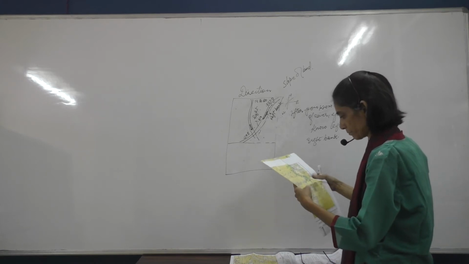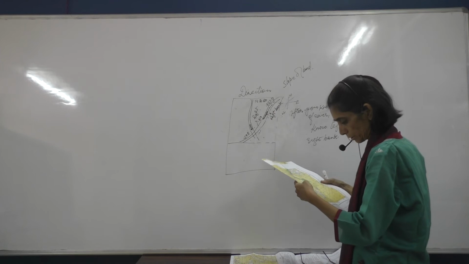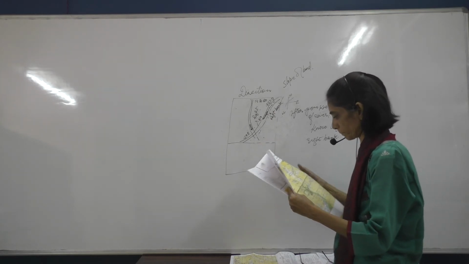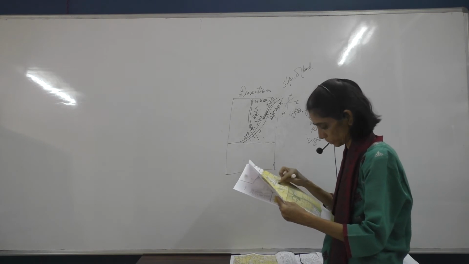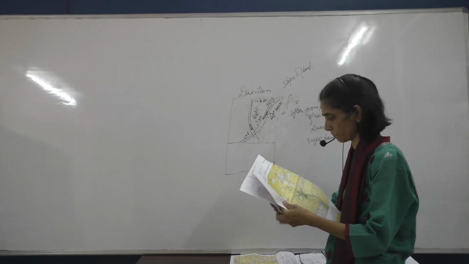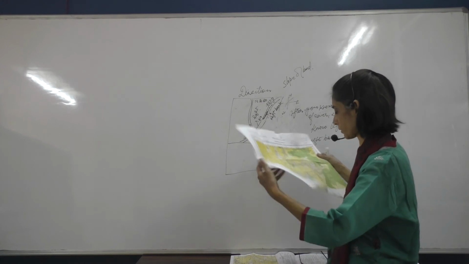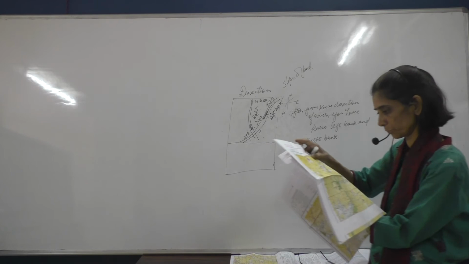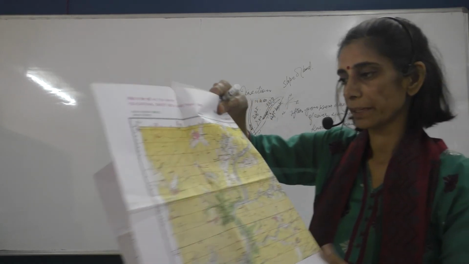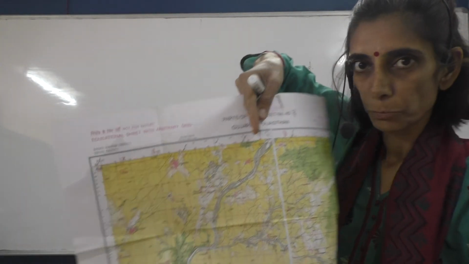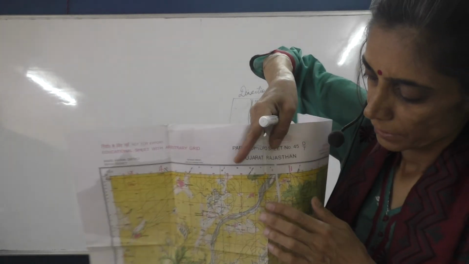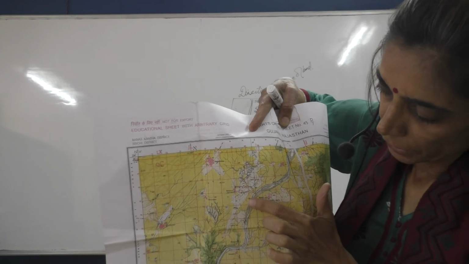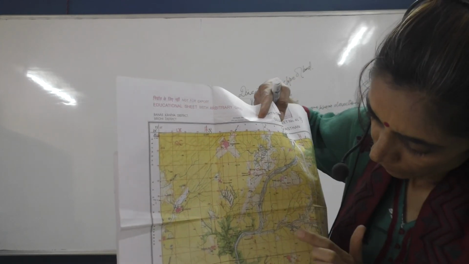If you look at this particular topo sheet, flowing like this, now if you look at this topo sheet, this is 193, reducing here 183.